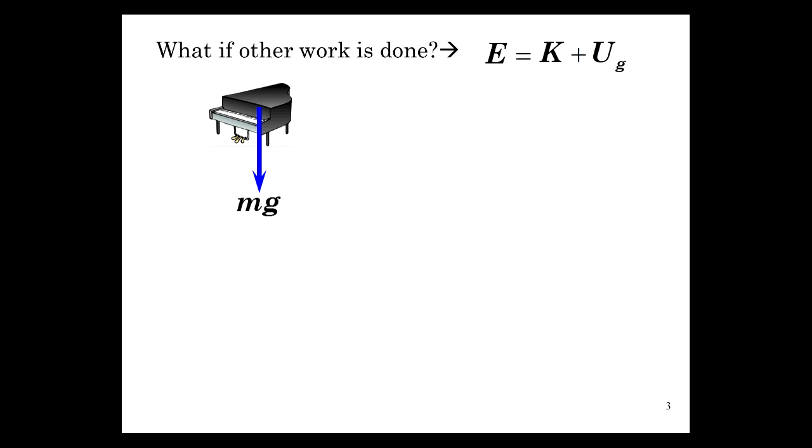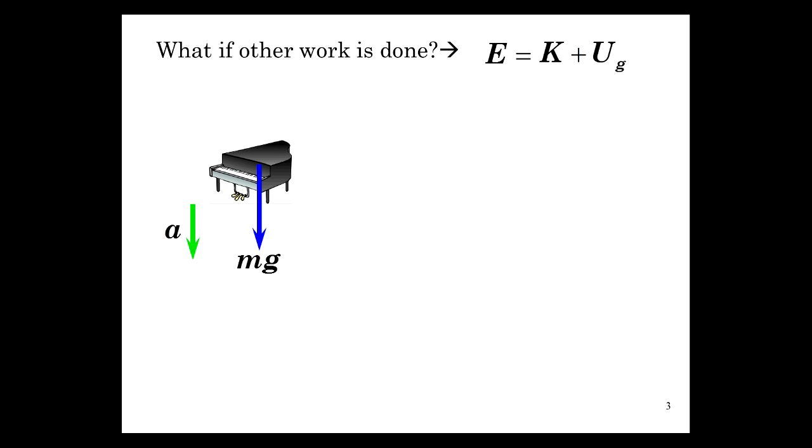Now, typically we want losses to be minimized, but in the real world we live in, we generally can't bring friction down to 0. So the mechanical energy is the combination of kinetic and gravitational potential. So here's the falling piano, and gravity's tugging on it with mg, but this other force, namely frictional force in this case, will be applied to it also.